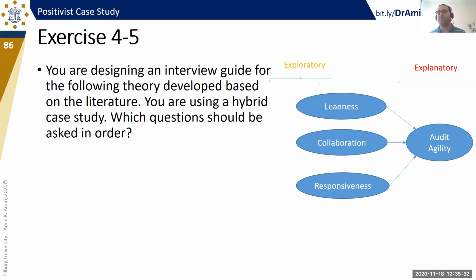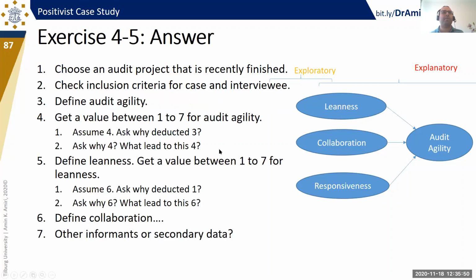The second question would be if that project fulfills the inclusion exclusion criteria, if that person is eligible to answer questions about that project. So that would be your second question.